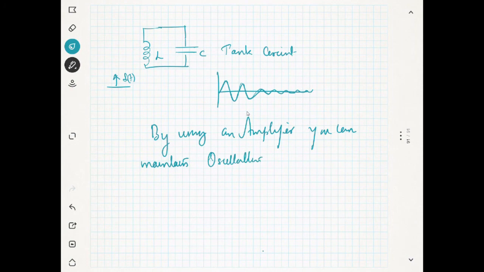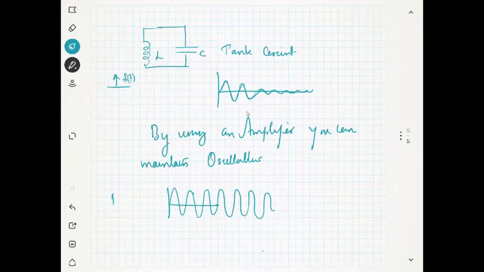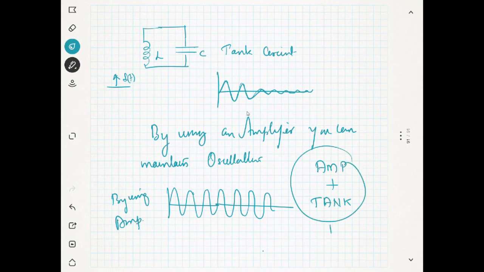So whenever your oscillation goes down, you will again amplify it. So it will go like this, and you will get the sustained oscillation. By using an amplifier plus your tank, this we will call another circuit which is known as an oscillator.